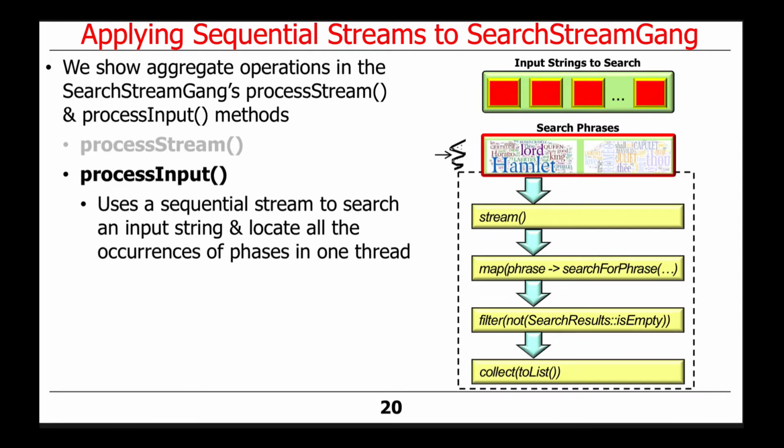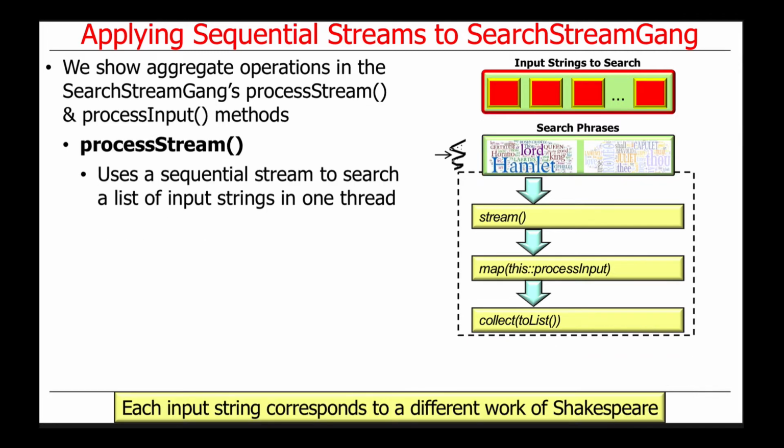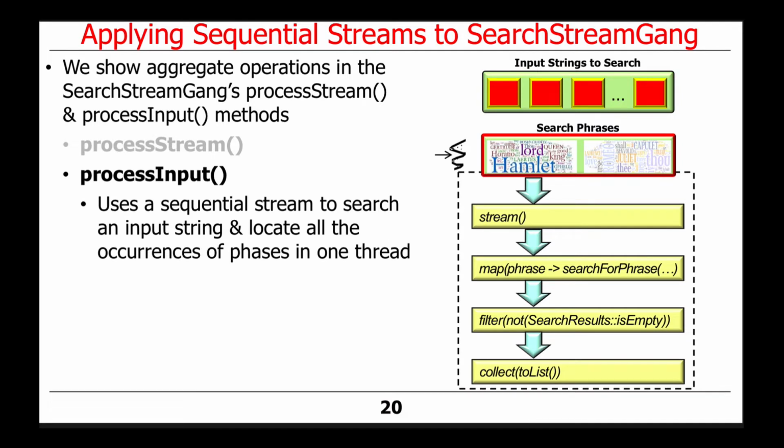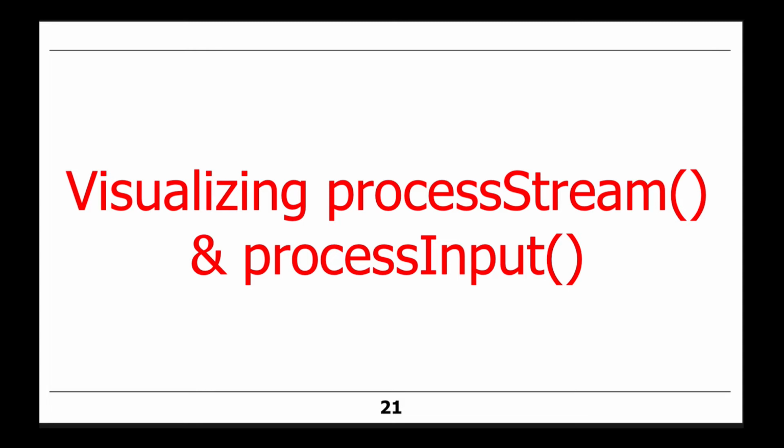Process input is used to search for phrases in a given input string. It also uses a sequential stream, with the same sort of control that the process stream method does, and it will search a given work of Shakespeare to locate all the occurrences of phrases in that work using one thread of control.